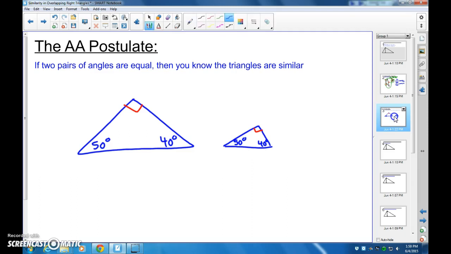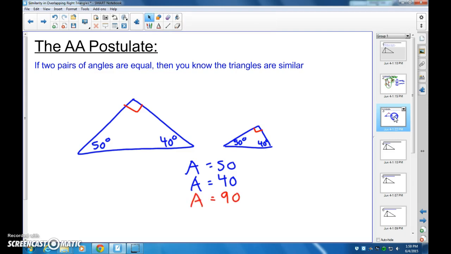So I gave you an A being 50, so that guy was 50. I gave you another A, which was 40. That allowed you to know that the third A was 90. And then because I gave you two pairs of A's, you know all the other S's are proportional.